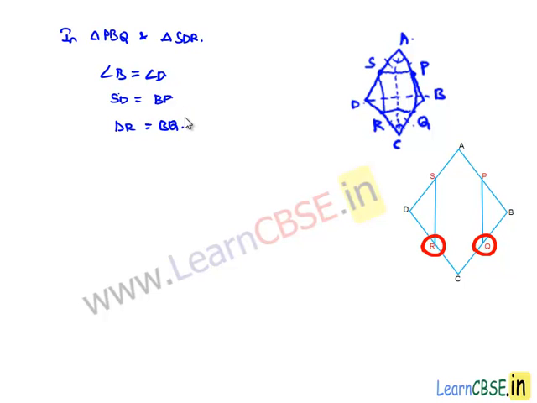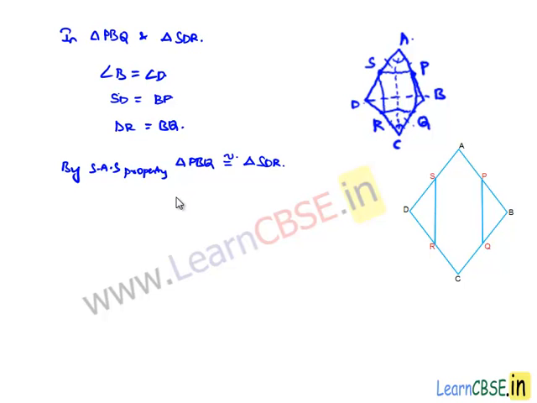Now again by SAS property the two triangles are congruent, that is triangle PBQ is congruent to triangle SDR. As two triangles are congruent, their corresponding sides and corresponding angles can be equated.